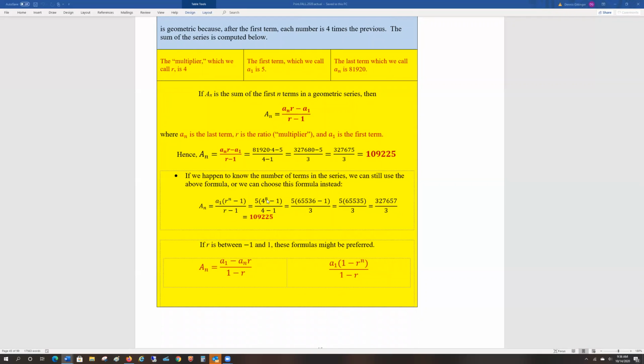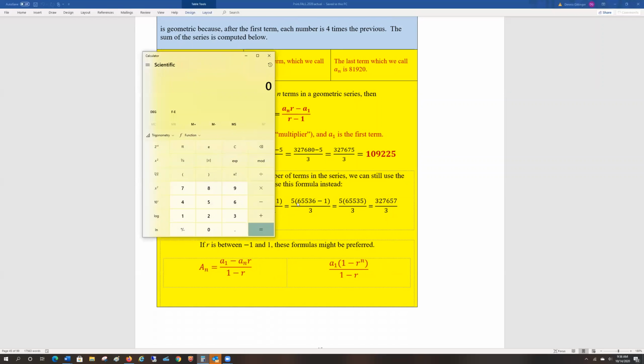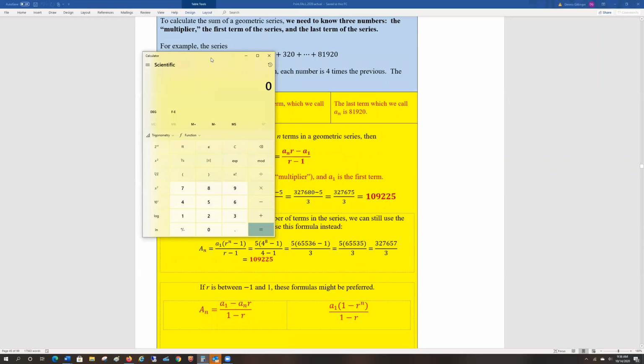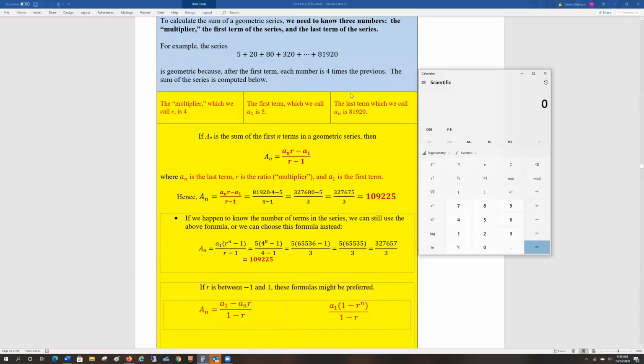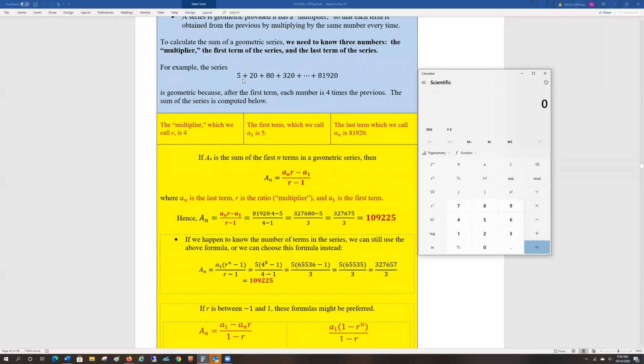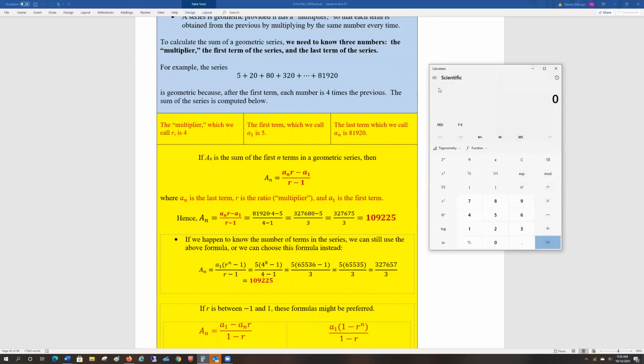Why did I put 8? Where'd that come from? Well, here is an interesting example of intuition gone wild. When you start off with 5 and you multiply by 4 each time and you get up to 81,920, you might think that there are a whole bunch of numbers that are missing. And maybe there are. So let's just see how this goes.